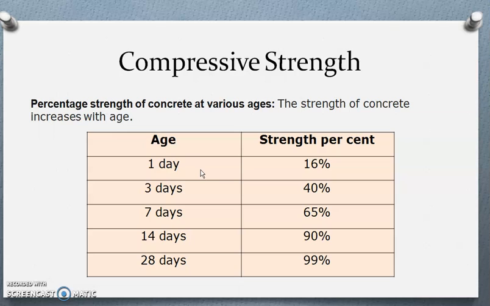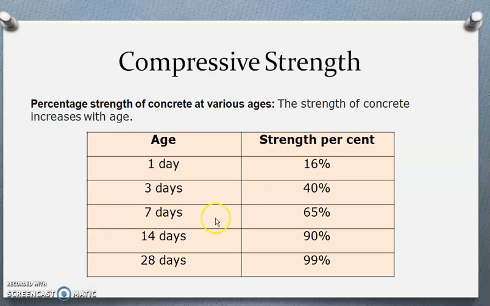The table I have shown here will give you the strength of concrete, that is, how much percentage of strength will be attained in how many days. On day 1, the concrete will have obtained 16% of strength, and on the 3rd day 40% strength. So after curing the concrete for about 3 days, when the test gives around 40%, we'll conclude that the concrete is in a good state.